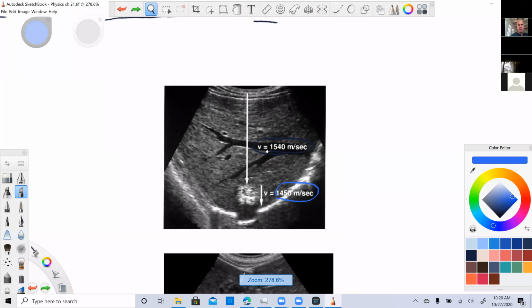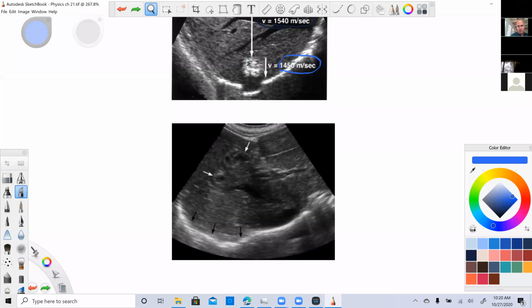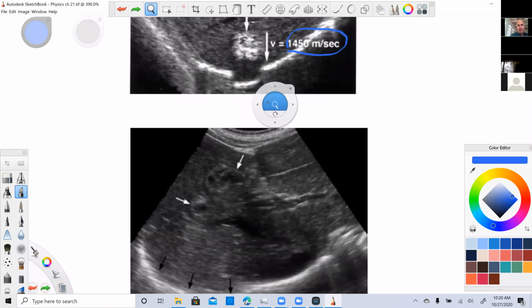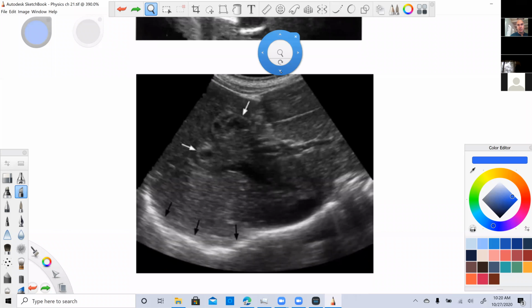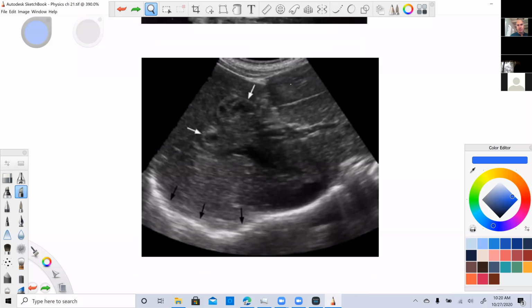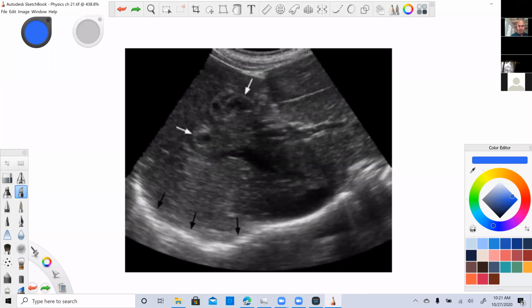It seems to be rather, oh, here's another picture. This is a famous picture, this top one, because it's just so blatant. It's usually not as blatant.